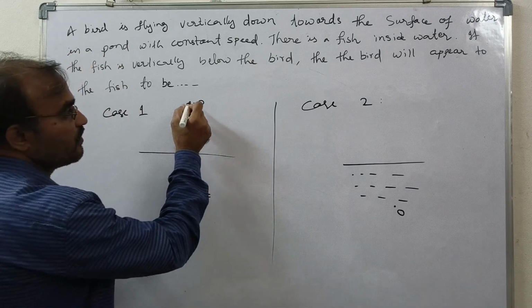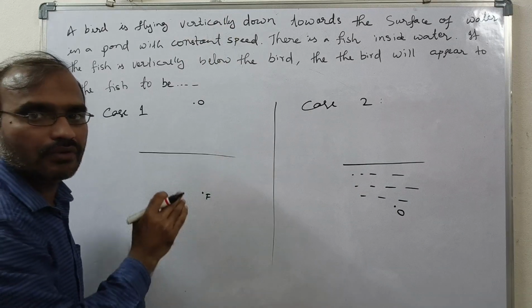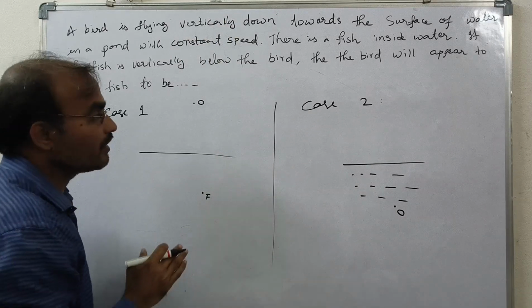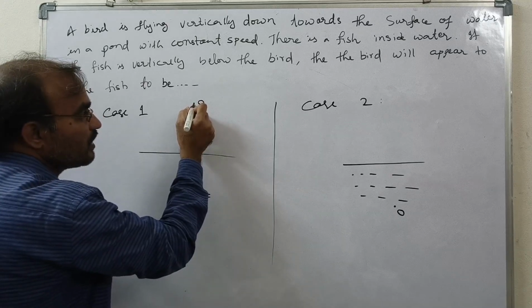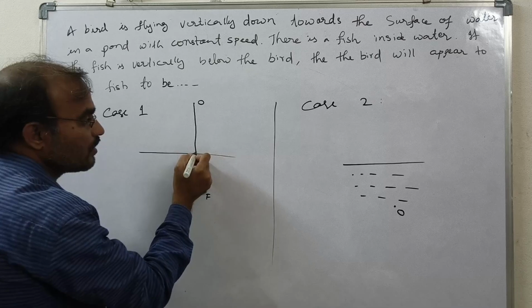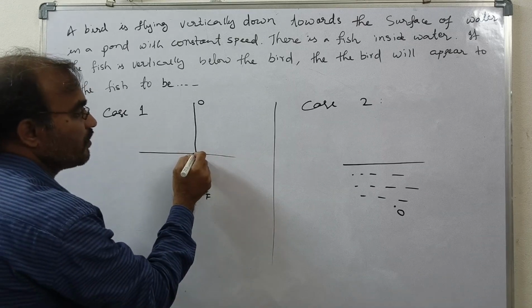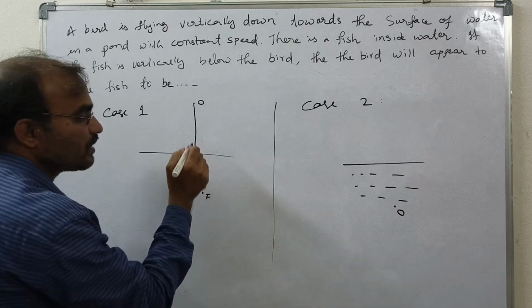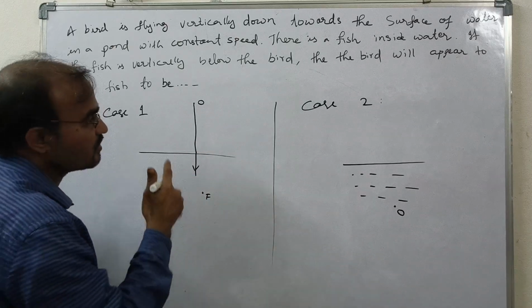Right? So first of all, whenever we use a ray diagram to locate the position of the image, we have to take two rays in any direction. For convenience, we will always take one ray along the normal. This ray won't deviate, it will go in the straight direction. You know that, right? It is not a topic of discussion.